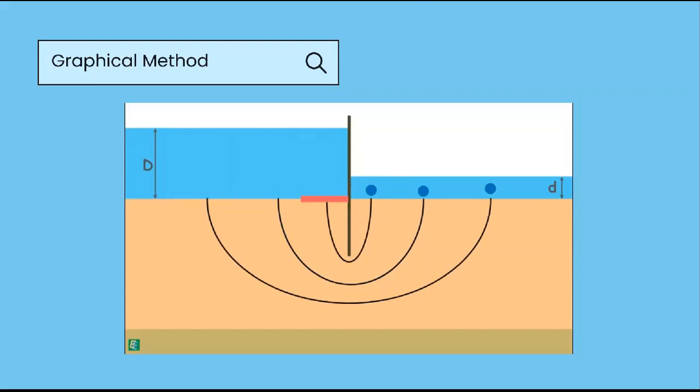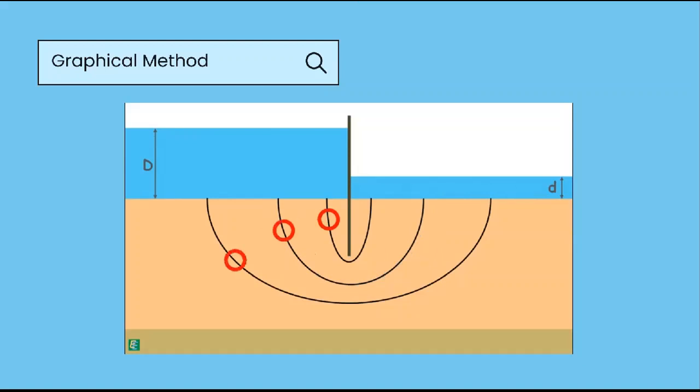So note that each flow line begins from the upstream surface, which is at pressure unit weight γw times capital D, and travels through the soil constantly losing its energy and terminates at the downstream surface, which is at pressure unit weight γw times small letter d.